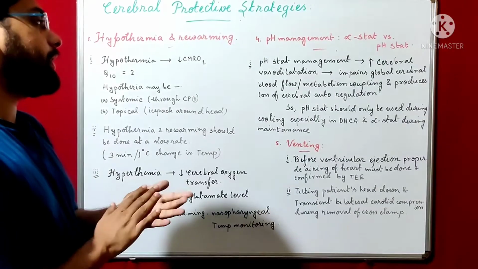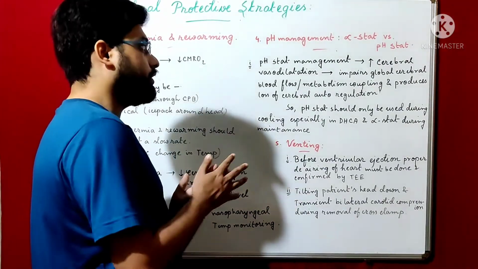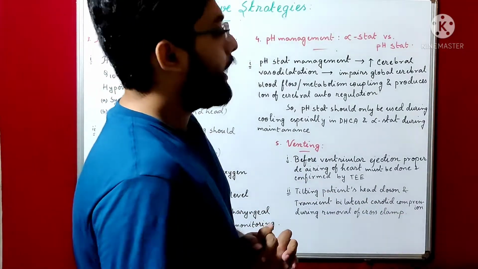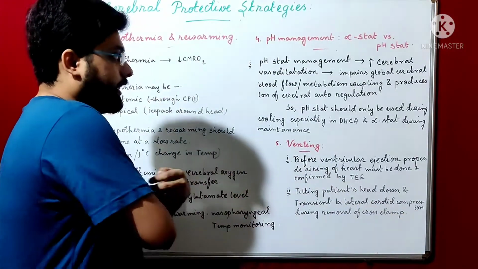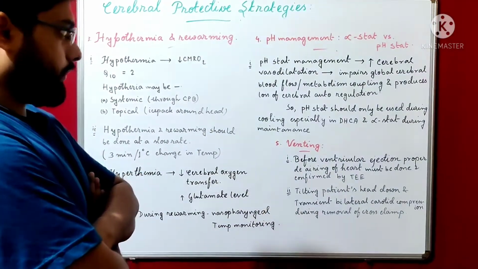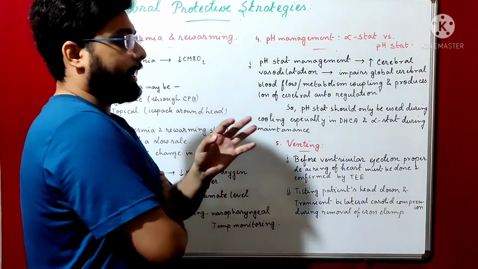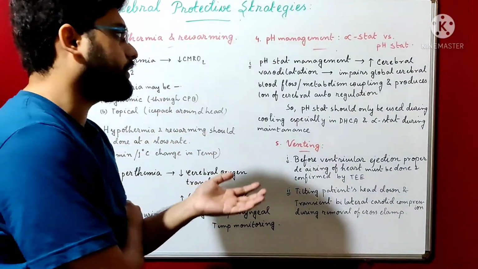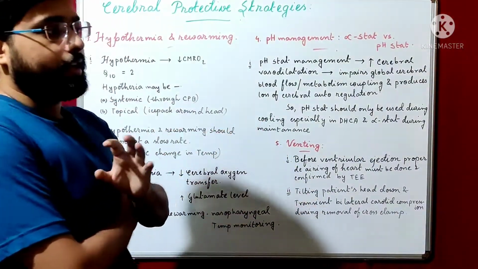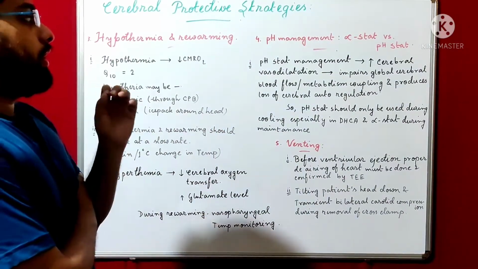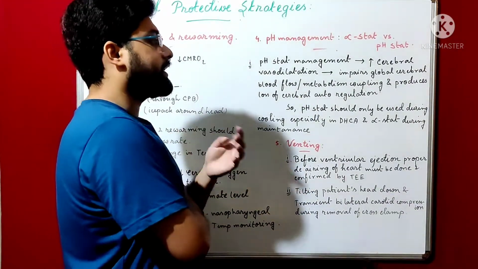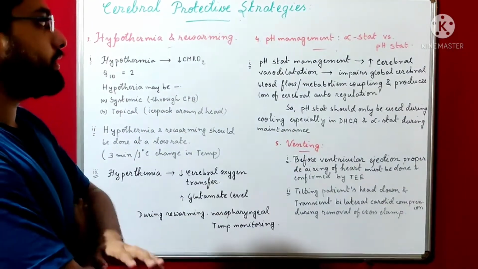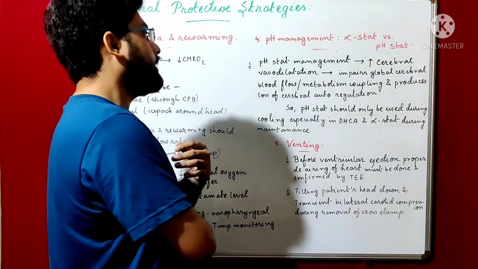Next is pH management. We all know pH management can be done either by alpha stat strategy or pH stat strategy. Now pH stat strategy is when the ABG, blood gas, is measured after correction for patient temperature, that is, the arterial blood gas is corrected to the temperature, and in alpha stat the blood gas is not corrected to the temperature.